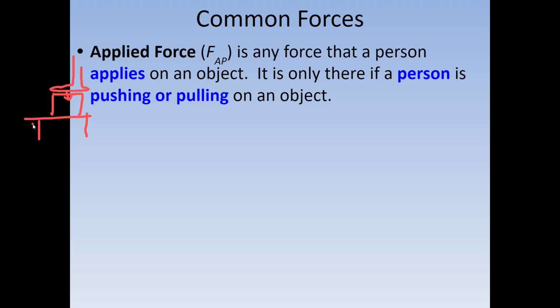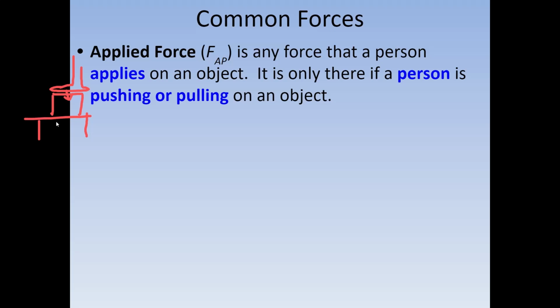However, if we were going to draw the forces on this table, we would never draw this applied force, because this applied force is only acting on the block because it's only touching the block. The other forces acting on this would be something like the normal force. But we'll talk about that in more detail later. But the idea is that unless you are physically touching an object, you are not applying a force on it.